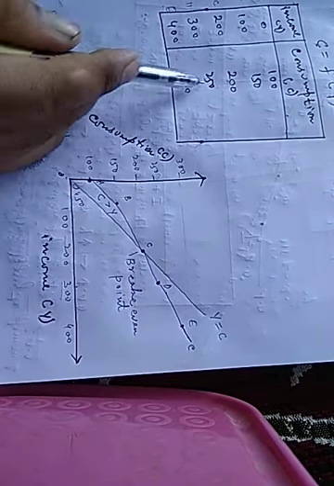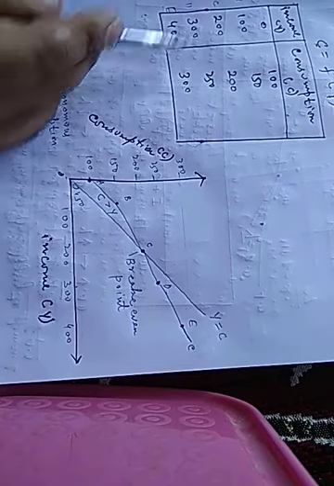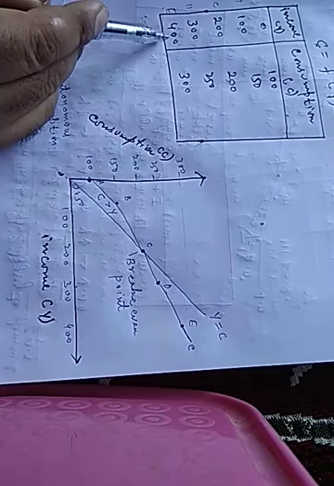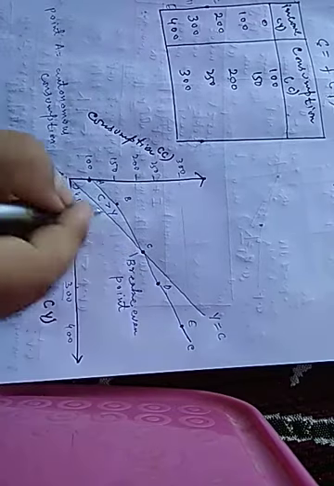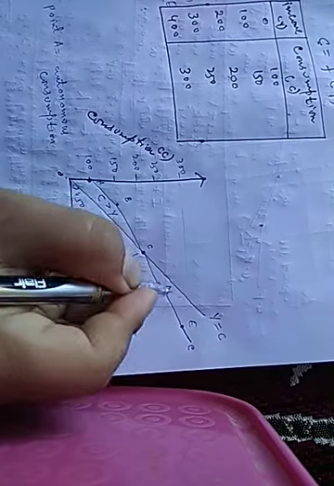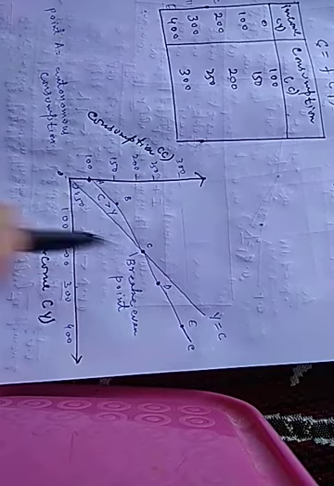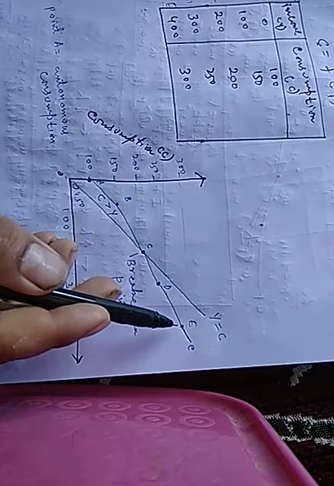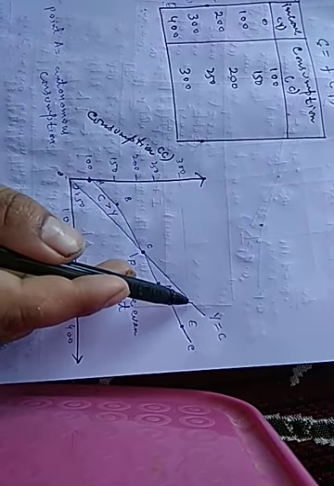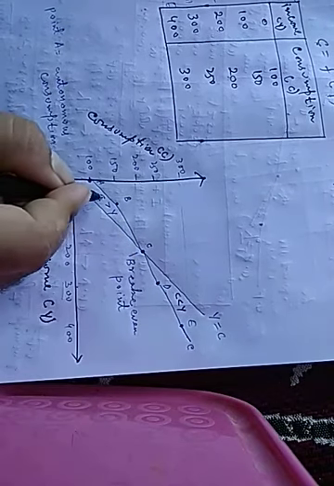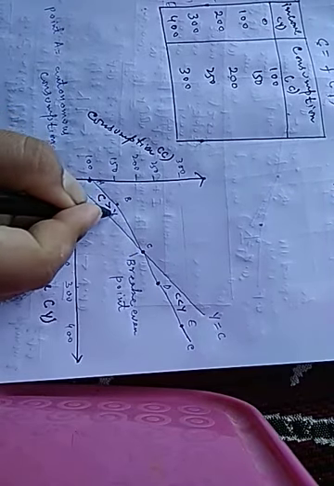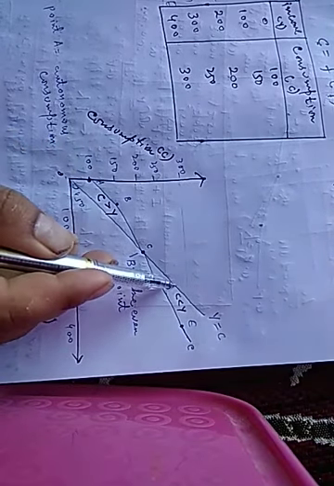Consumption is only 250, income is 300. Consumption is 300, income is 400, means consumption is less than income, leading to savings. The gap between this line and this line shows savings.